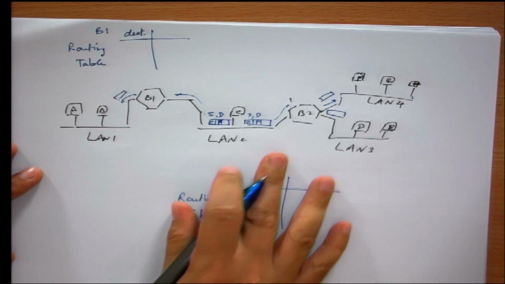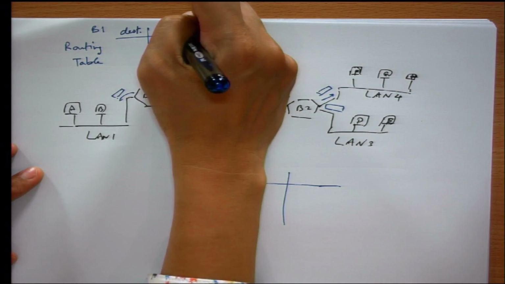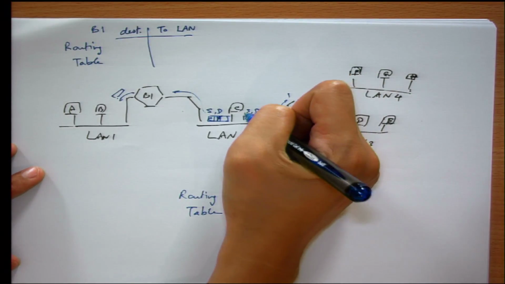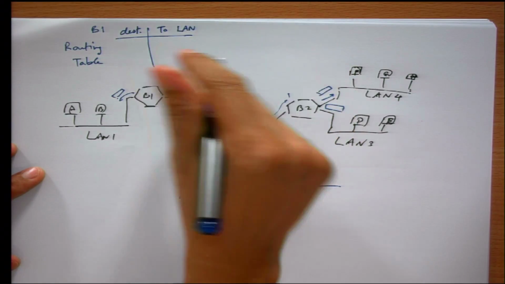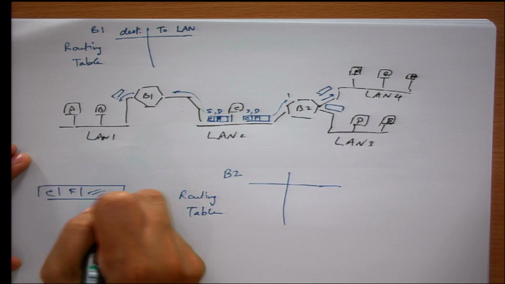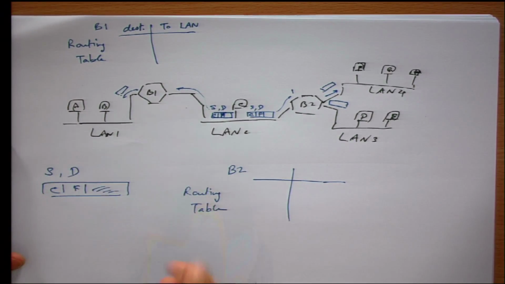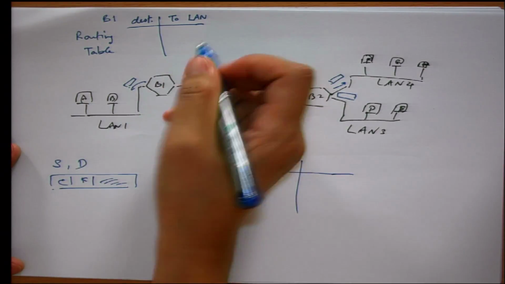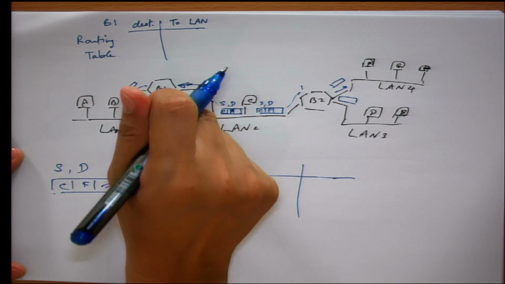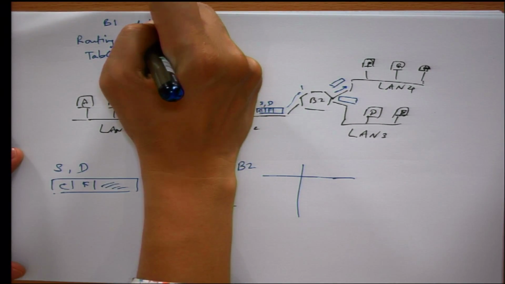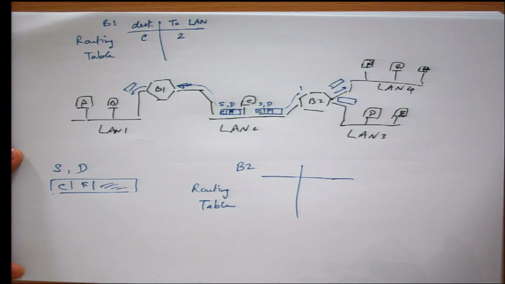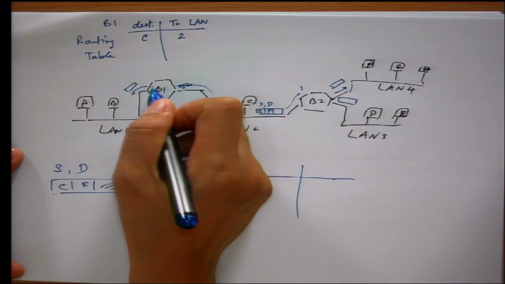Now, for the routing: when bridge B1 sees the packet that looks like this, with C and F as source and destination, and this is data, it knows that C is the source address and that the frame came into the bridge through this link. So B1 knows that if you want to go to station C, you can go to LAN 2.